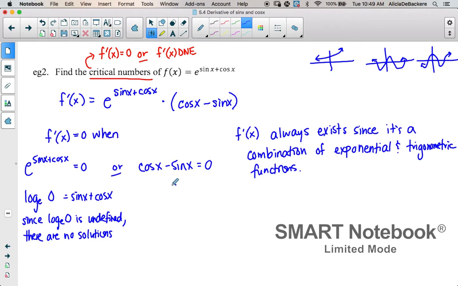But since they're trig, I'm going to move it over and say that cos x is equal to sine x. And then I'm going to use my knowledge of trigonometry. So I know that I can divide out the cosine x here.